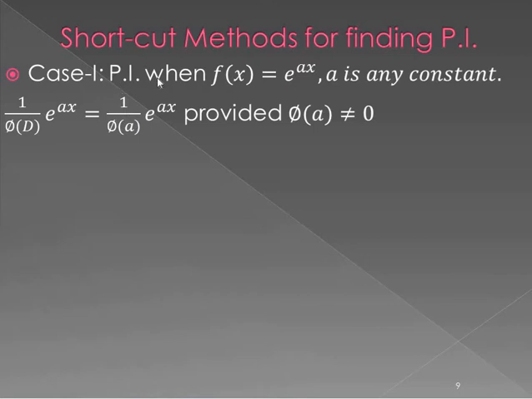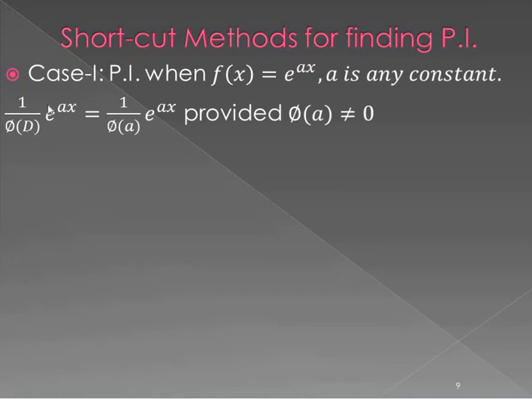So the formula for that is, if f of x is of e raised to ax type and here a is a constant term, then what is the P.I.? The standard form of P.I. is 1 upon phi of D f of x. Here f of x is e raised to ax, so directly I can write e raised to ax. 1 upon phi of D e raised to ax is equal to, here we have to only replace D by a.